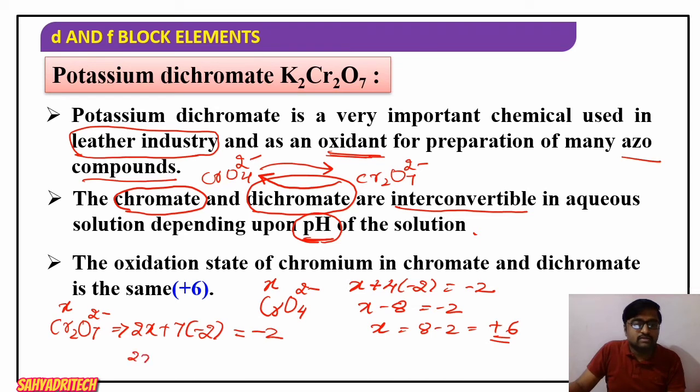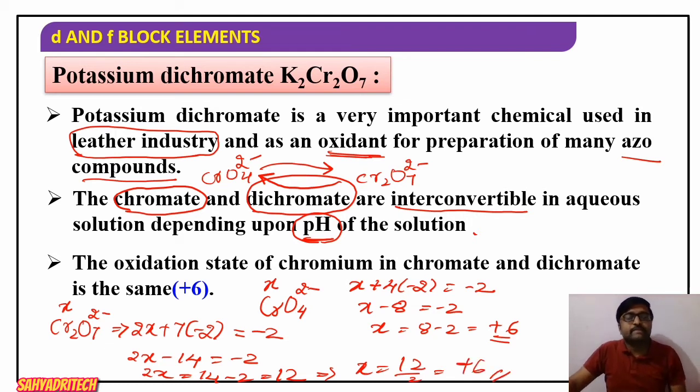So 2X minus 14 is equal to minus 2, or 2X is equal to 14 minus 2, that is 12, which means X is equal to 12 by 2, that is plus 6. Therefore the oxidation state of chromium in chromate and dichromate ion is the same, plus 6 itself.